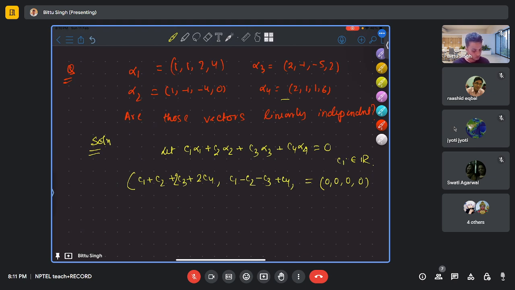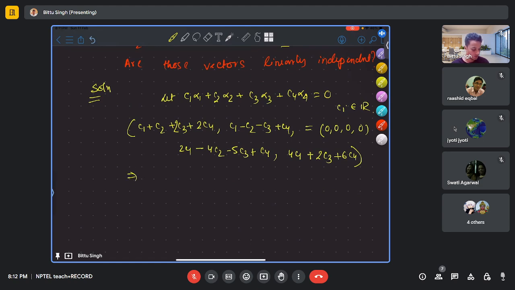The third entry will be 2C1 minus 4C2 minus 5C3 plus C4, and the last entry will be 4C1. 0 times C2 is 0, so we'll avoid it. It will be 2C3 plus 6C4. The whole thing is (0, 0, 0, 0), which is the same as saying those individual entries are 0.